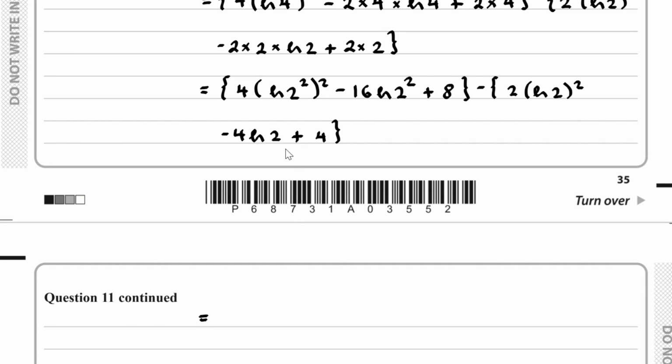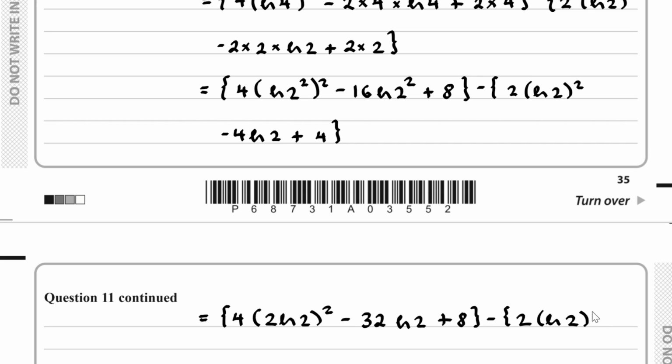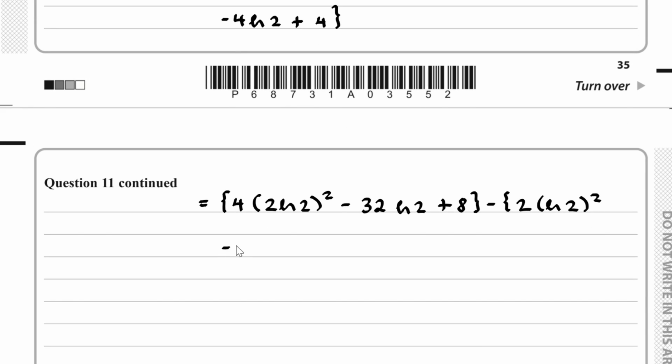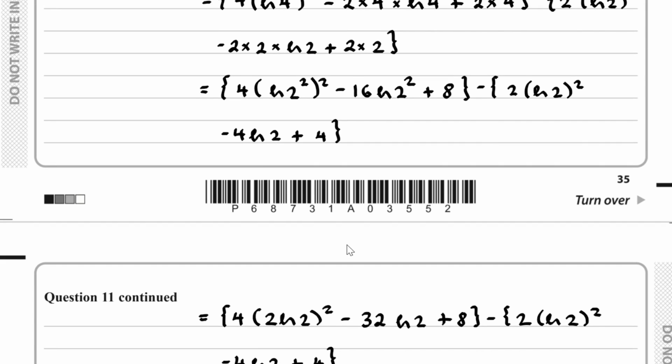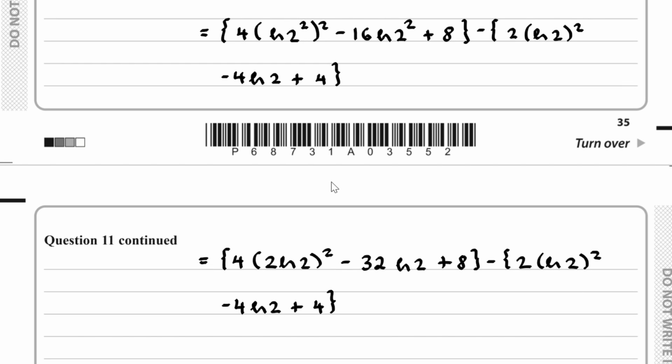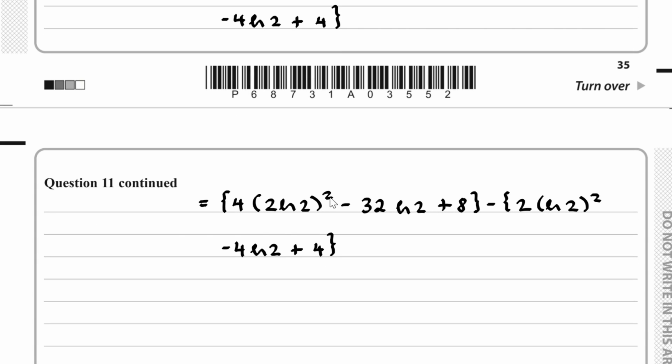So if we work all of this out, we have here 4 times 2 times natural log of 2 all squared minus 32 natural log of 2 plus 8, and then we've got 2 times natural log of 2 squared minus 4 times natural log of 2 plus 4. So if we tidy all of this up, well, 2 squared, that's 4.